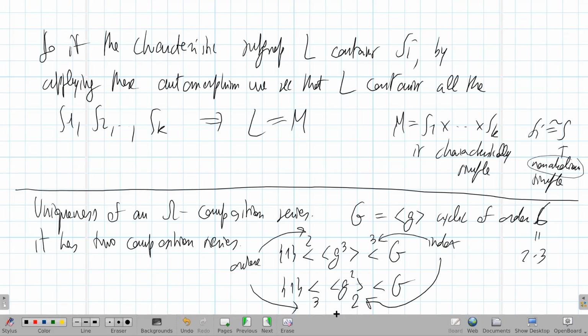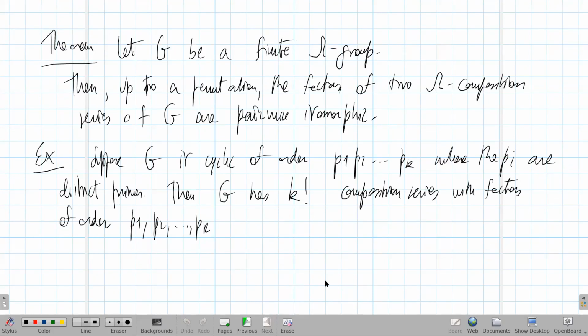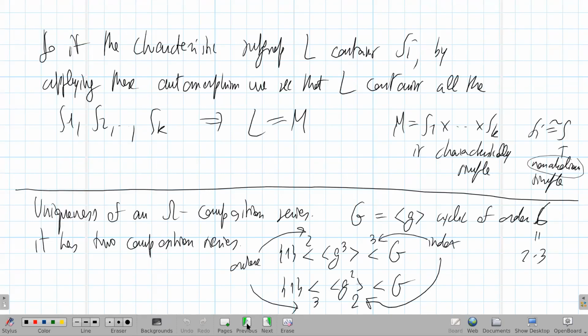But if you have k, then you have k factorial, because you can put the primes in the order you want by taking the suitable powers, okay? Okay, so let's prove this. This is interesting because it shows, as I said, why omega groups are convenient objects to consider.